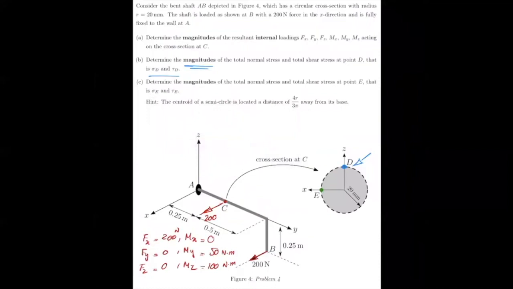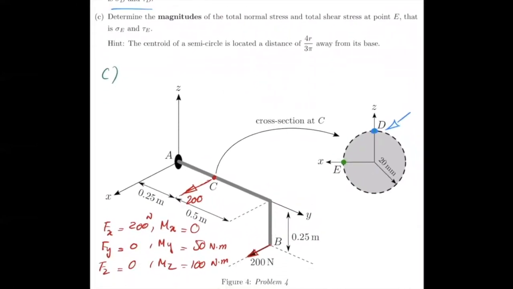Now for part C, we do exactly the same thing. It's easier because we have done the more difficult part of the problem. So for point E, you would have the bending stress, which is Mz times the distance from the z axis, which is y, and then maximum x, and that maximum x is c, divided by Iz.